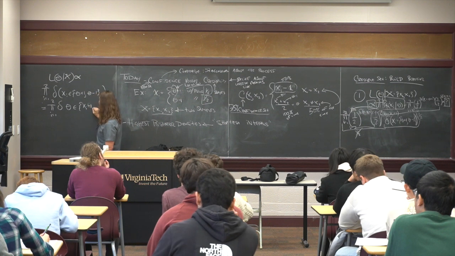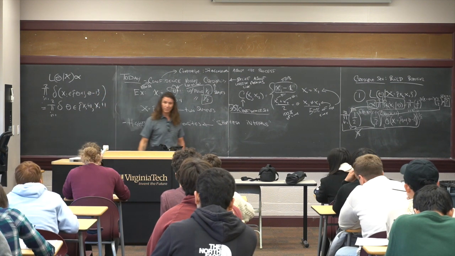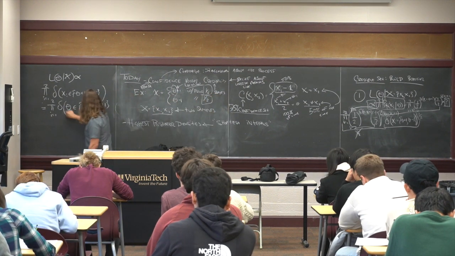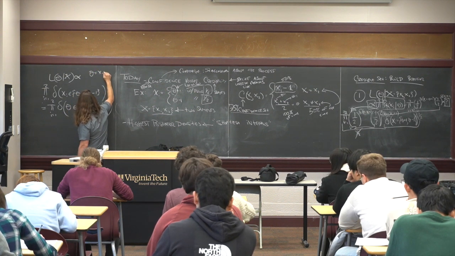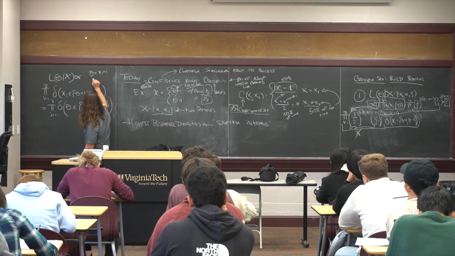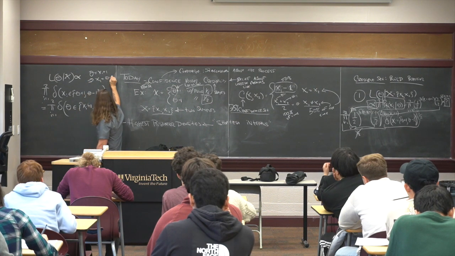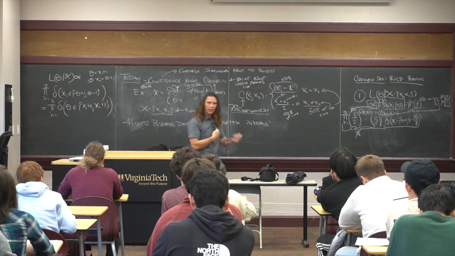I'll do it in the same order. The minuses switch to pluses, the pluses switch to minuses. So all I'm doing on this step right here is if I had theta is equal to x1 plus 1, I'm rewriting that as x1 is equal to theta minus 1. So I'm doing that for both of them. And I'm just pulling that around.